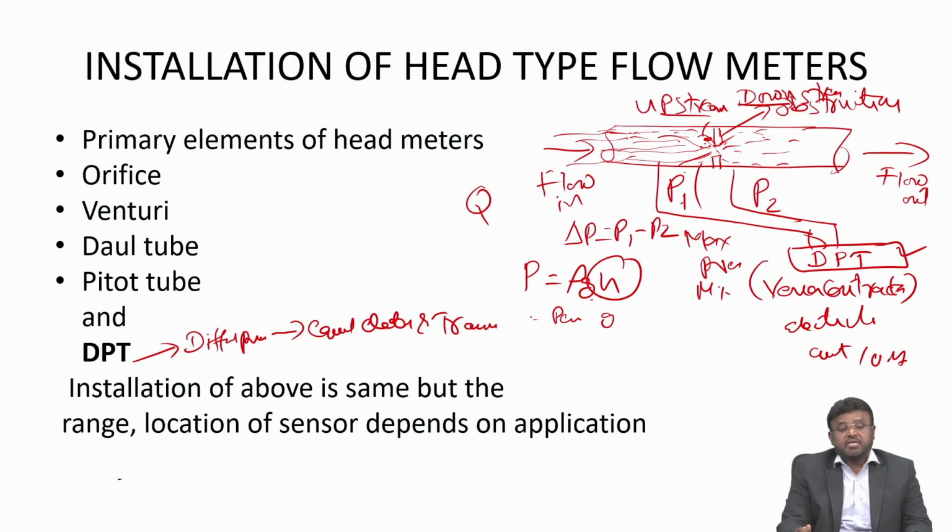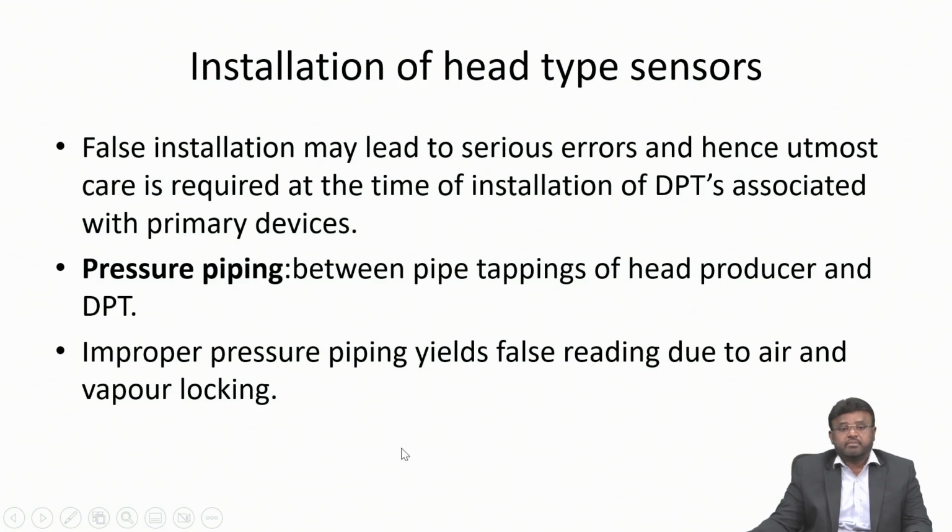That means the DPT is dedicated to measuring which fluid's pressure differential. Installation of head type sensors, if we are unable to install properly, then it leads to serious errors. Therefore, we need to take utmost care at the time of installation of DPTs associated with primary devices.